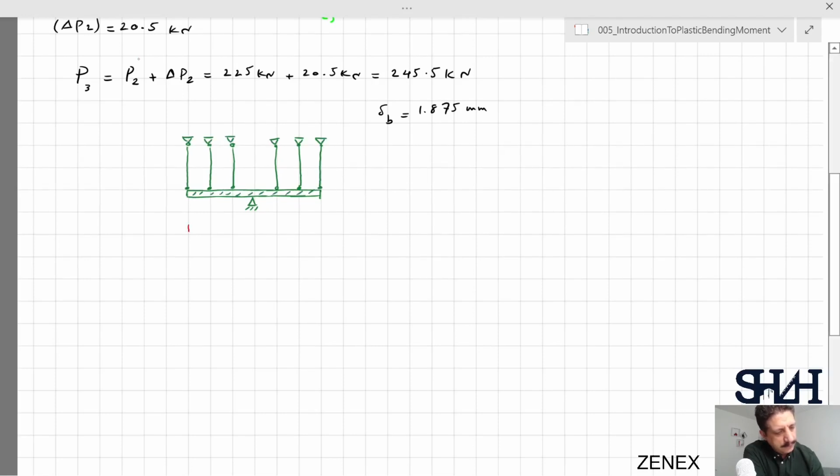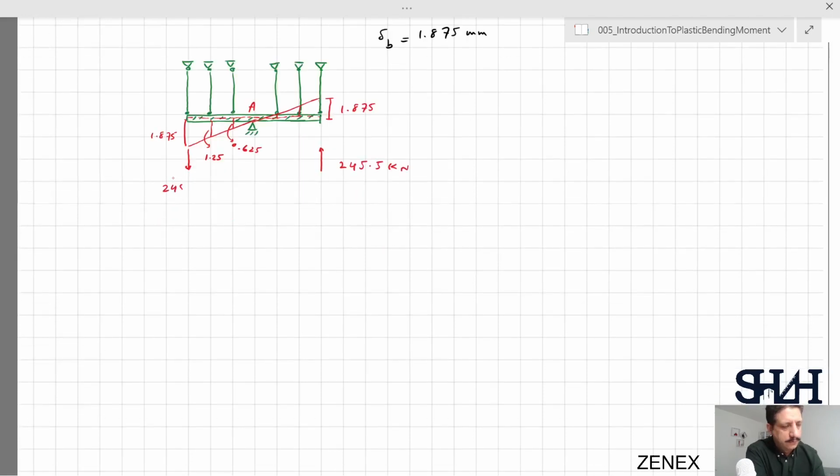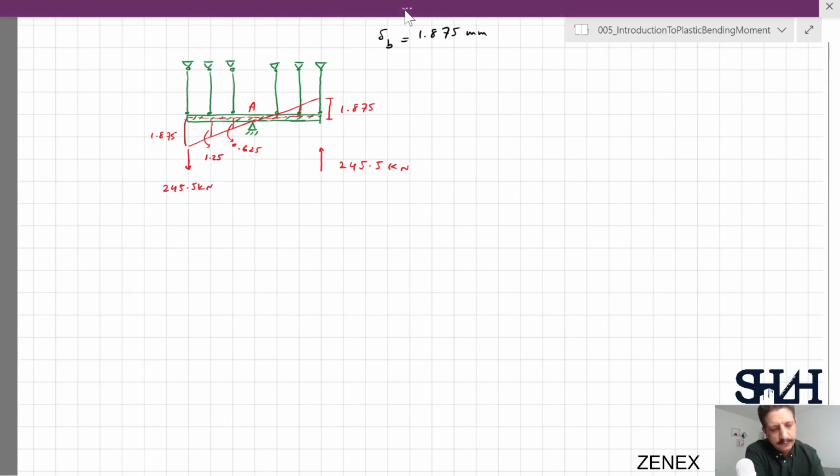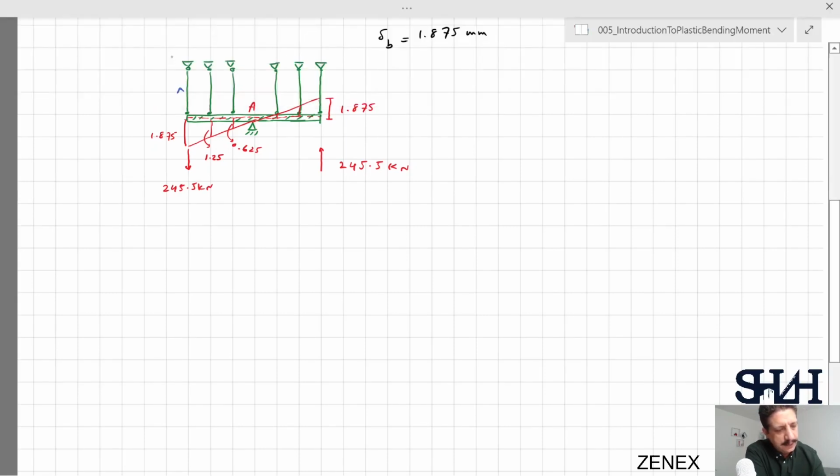So if we increase the load to 245.5 kilonewton, then the deformation of this system will be in such a way that here we have 1.875 millimeter deformation, and here we have 1.25 millimeter, and here we have 0.625 millimeter. The same on the other side of point A, 245.5 kilonewton. And the force in each element now is Fy. We can see that at this point, the system does not have any capacity left to take more load.